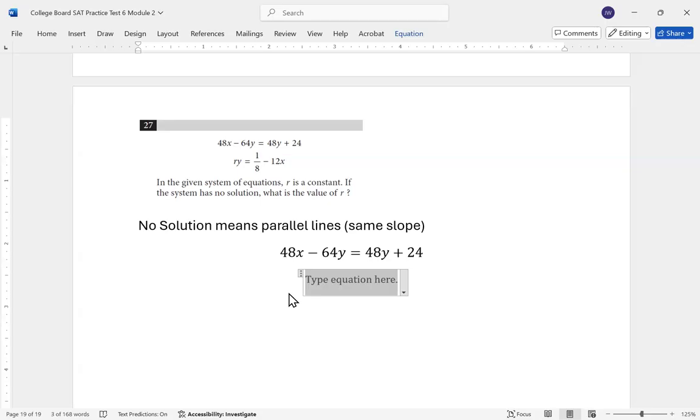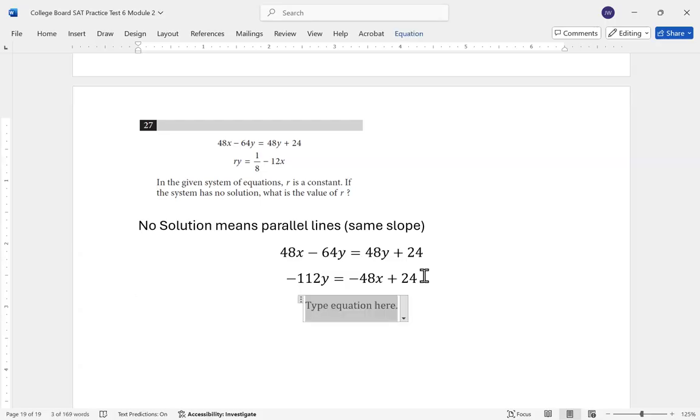By doing that, what we would have to do is subtract 48x from both sides and then subtract 48y from both sides. When I subtract 48y from both sides, I end up with negative 112y on the left-hand side. When I subtract 48x from both sides, I get negative 48x plus 24.